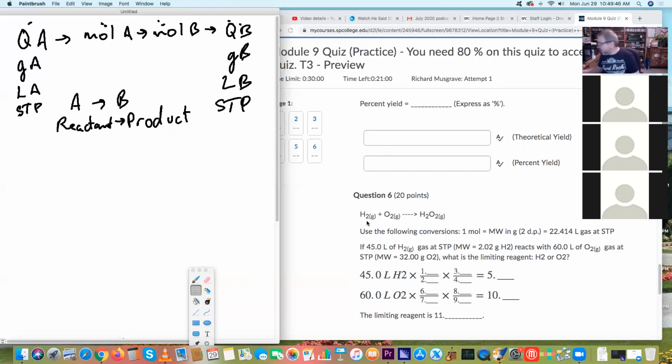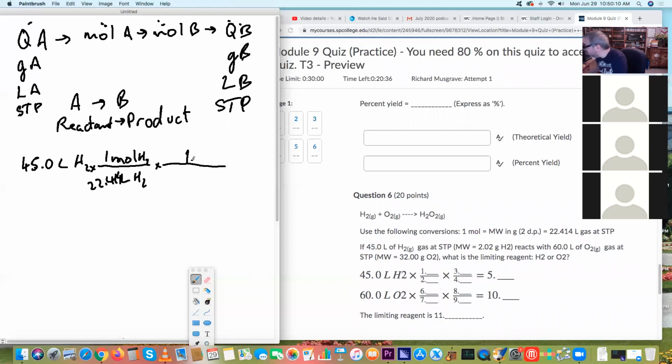Follow the same pattern. We're going to do moles first. So 45.0 litres of H2. We want to figure out how many moles we have of that, so it'd be moles of H2 over litres of H2 to make that cancel. 1 mole, 22.414 litres.